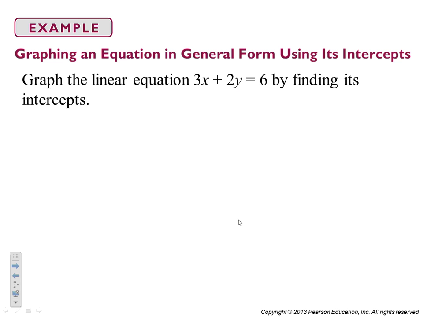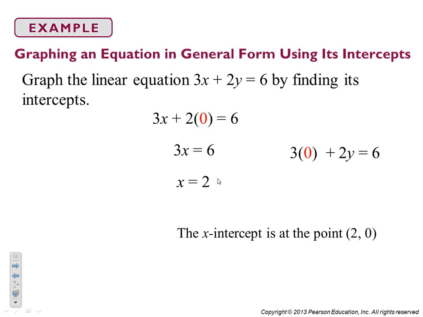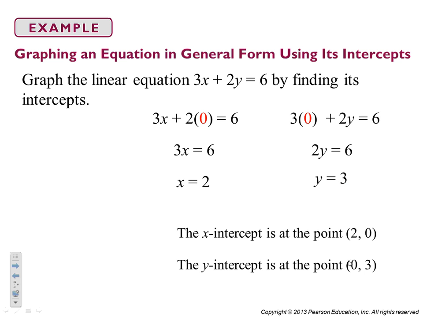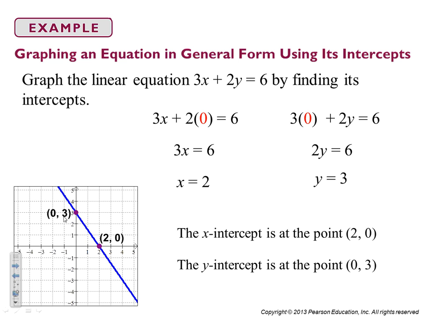We find the x-intercept by setting y equal to 0. So we know 2, 0 is a point on our graph. And then we do the same thing. We find the y-intercept by setting x equal to 0. So we know 0, 3 is another point on the graph. Plot those 2 points, and you have your line.